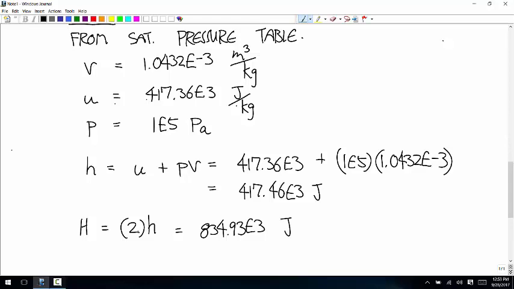This 2 is kilograms, so we calculated H per kilogram. Yep, you're right.